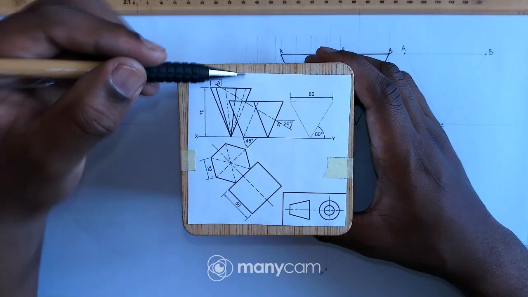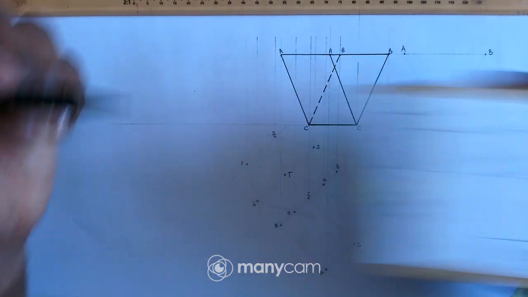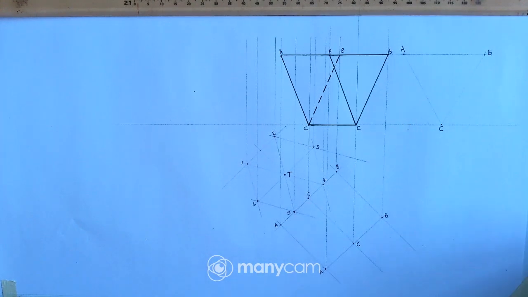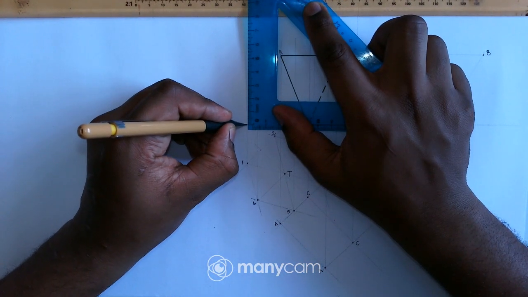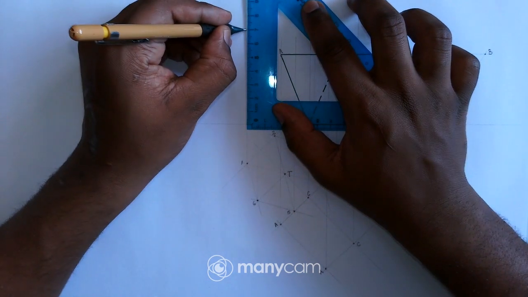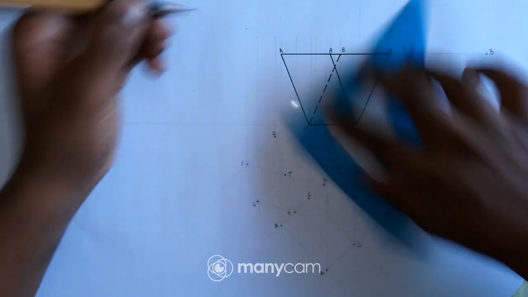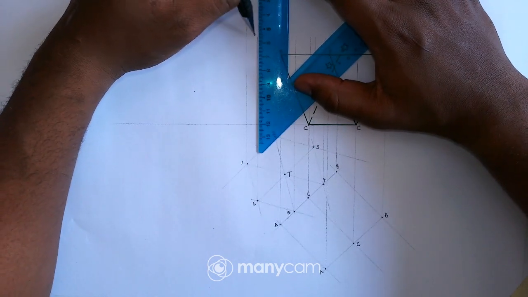So all these points are on the same line up there, and the height of the pyramid is 70. So I'll just measure 70 from the XY line going up. I'll mark off there. So that means I'll have to extend those construction lines.